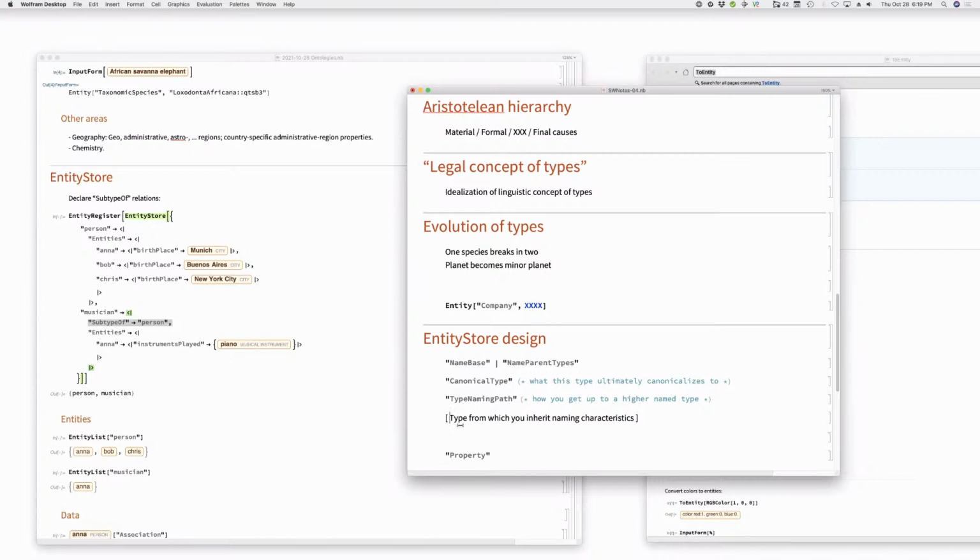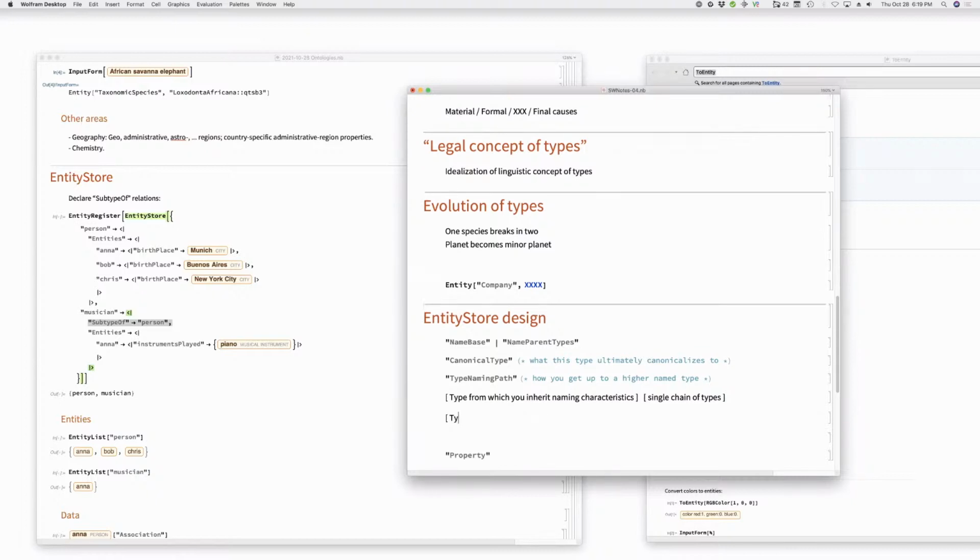No, it's not a single type. It's a single chain of types. Single chain of types, right? There's always one. Correct, yeah. And at the end, there's a canonical type, which is the end of the line. Okay. And then the second concept is types, plural, from which you inherit properties.